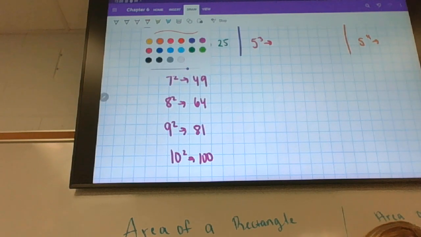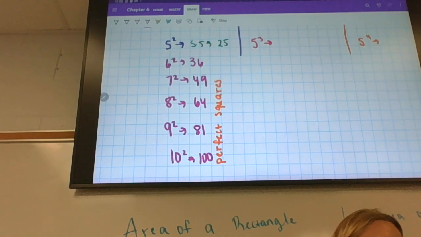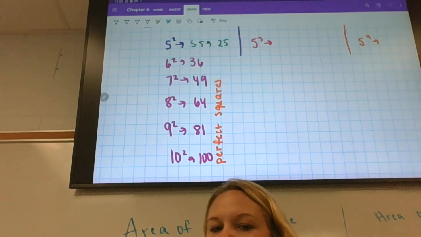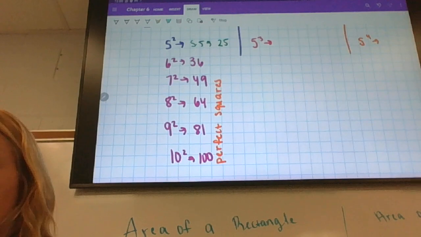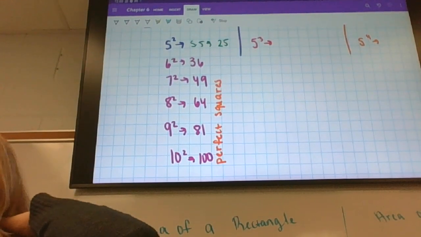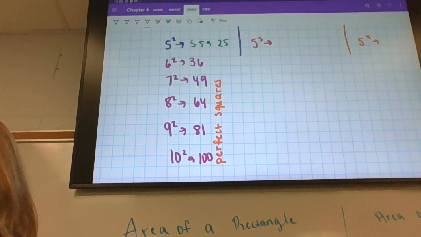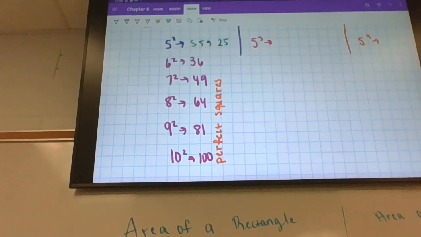I'm going to say it a lot. Perfect squares, they're like celebrities in the math world. We use them a lot in all the maths, really. Okay, so let's go to those third degree ones.